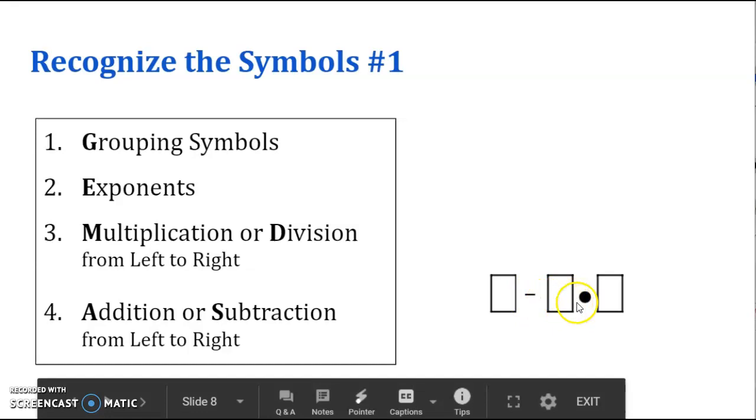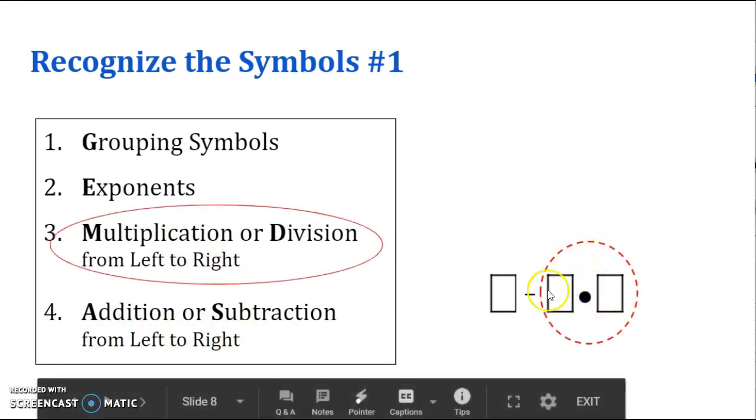Between subtraction and multiplication, which would you evaluate first? That's right, because multiplication and division are higher than addition and subtraction, we need to do multiplication first, which means we need to evaluate this expression first, and then whatever that is, we're going to subtract from the first number.